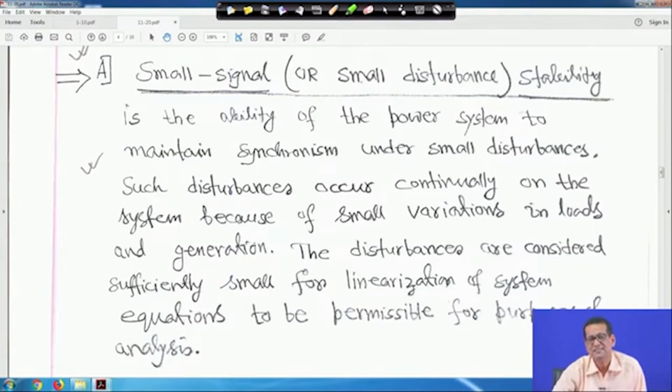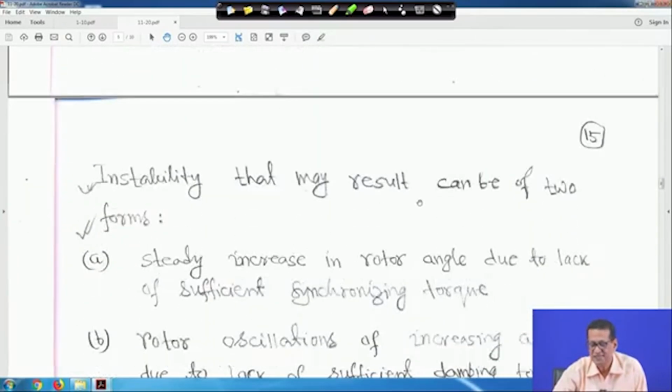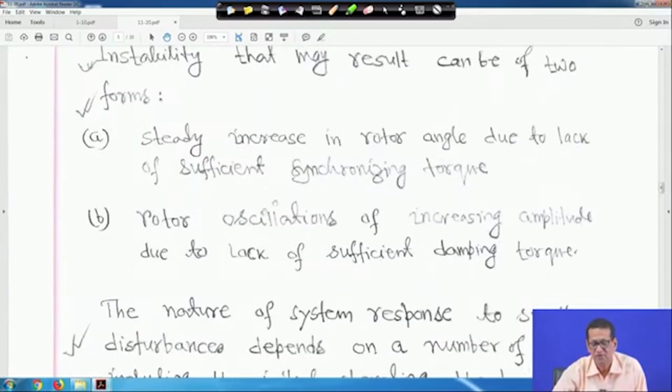Instability that may result can be of two forms: a steady increase in rotor angle due to lack of sufficient synchronizing torque, or rotor oscillations of increasing amplitude due to lack of sufficient damping torque.